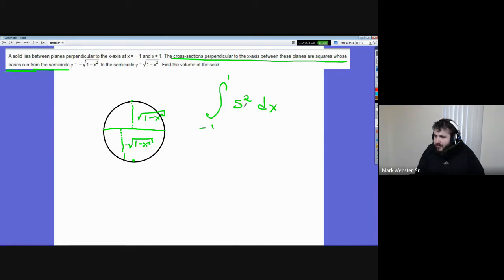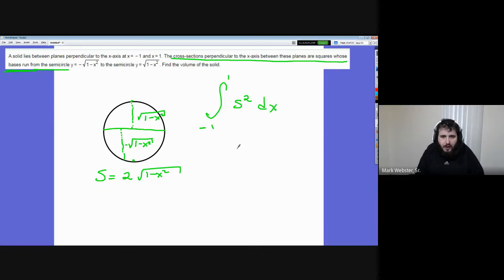But I need to get whatever this is. What's the length of the side of the square? It's from here to here. It goes a distance of radical 1 minus x squared, and then another distance of radical 1 minus x squared. So one side here is 2 of them.